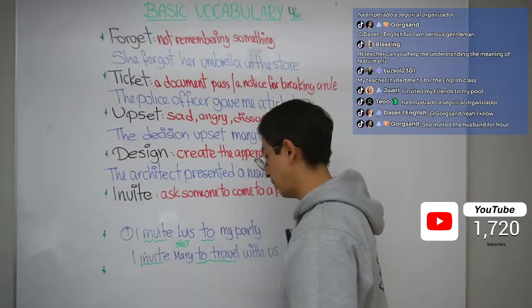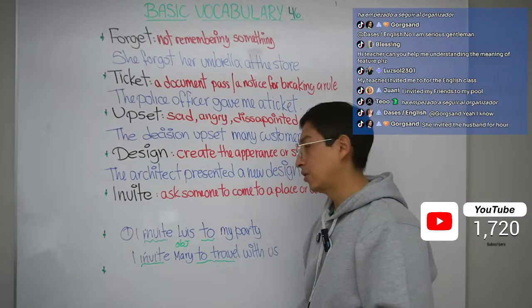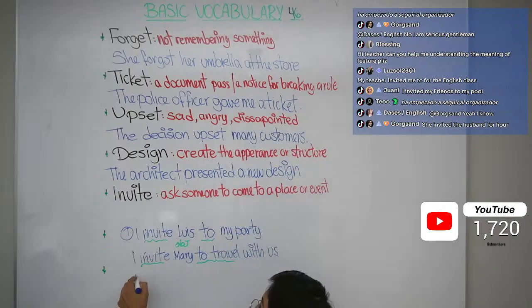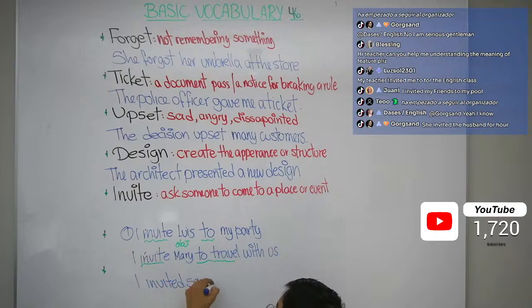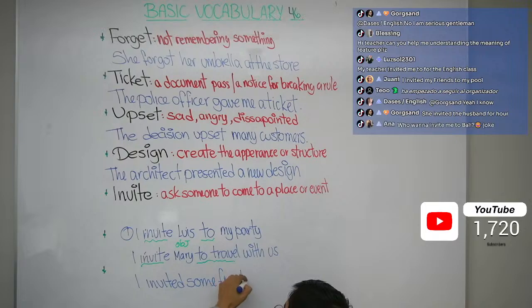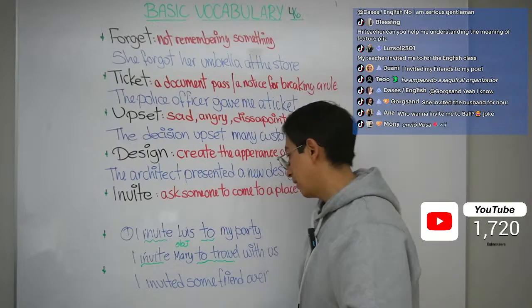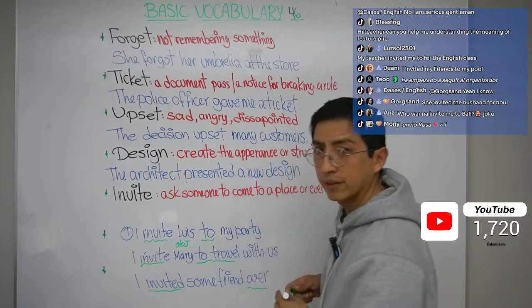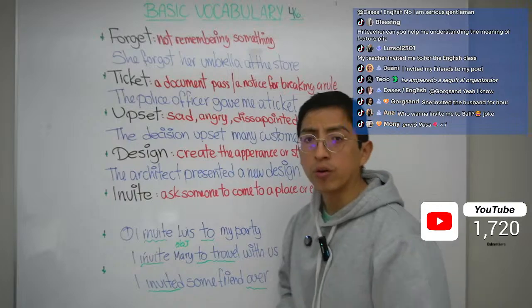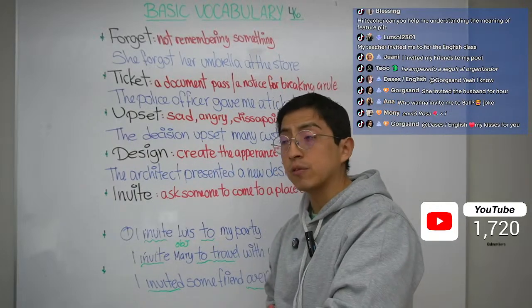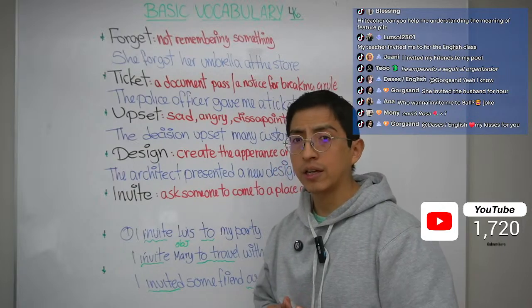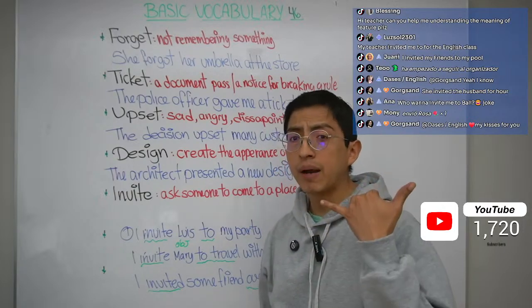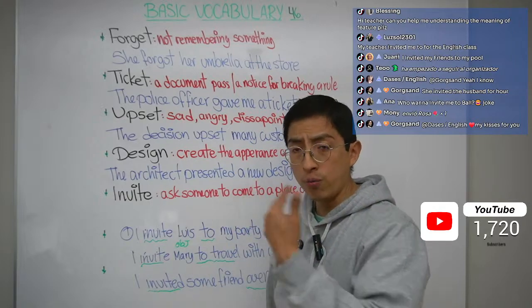And one more thing, especially when you're talking about invite someone over. Simple past: I invited some friends over. So what is the meaning of this, guys? Now, here we have invite and we have here over. If you say invite over, it means that you're inviting them to your house. You can say, Mom, I invited my classmates over.